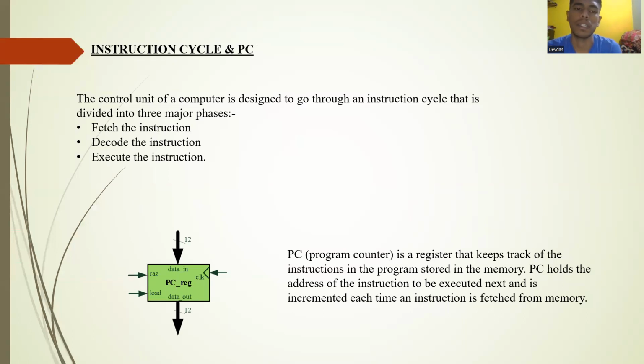So, instruction cycle in PC. PC is basically program counter. As I said, it is divided into three major phases: fetch the instruction, decode the instruction, execute the instruction. Let's take the example of a mouse or a keyboard. You type certain keys on the keyboard, and the system or the processor fetches this instruction.